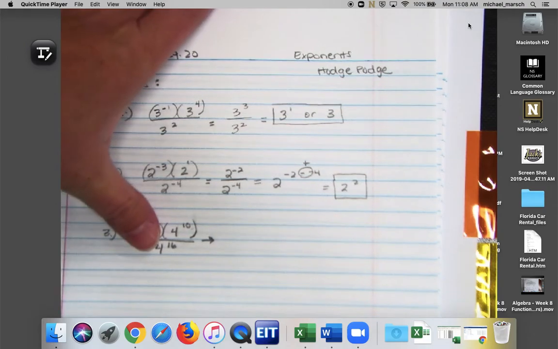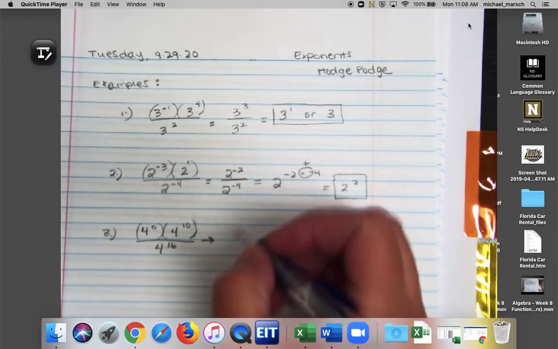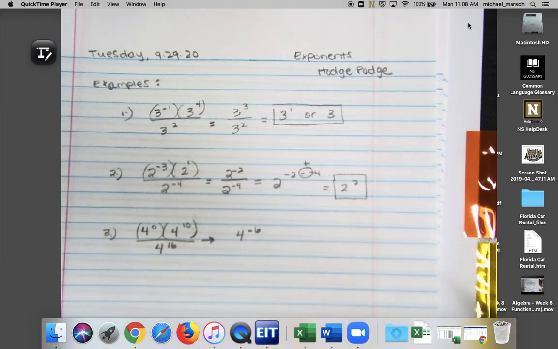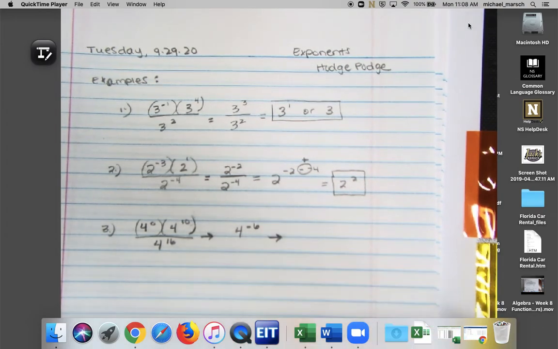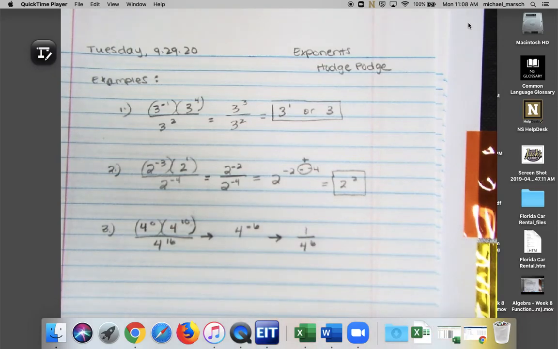So really, I just have 4 to the 10th divided by 4 to the 16th. So what am I going to get when I subtract 10 minus 16? Negative 6, right? I'm going to get 4 to the negative 6, which I can't leave that way. So what will my final answer be? Kyson? 1 over 4 to the 6th power. Excellent.